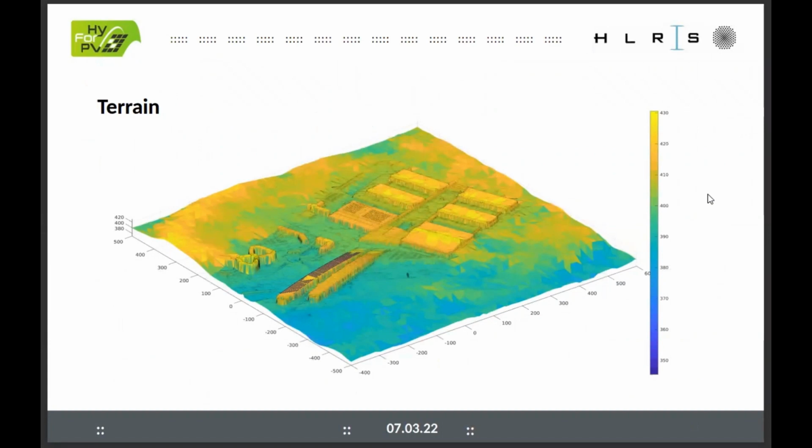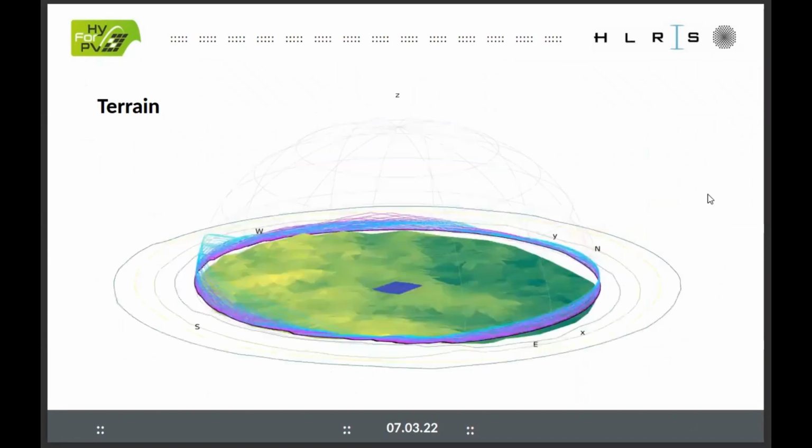If we want to use it for building integrated photovoltaics, then we will have to go into the shading algorithm and make each of these triangles also cast shadows on the modules. But we have not been wanting to change this because of the rewrite problem I already talked about.